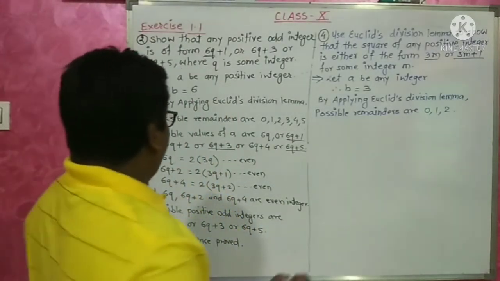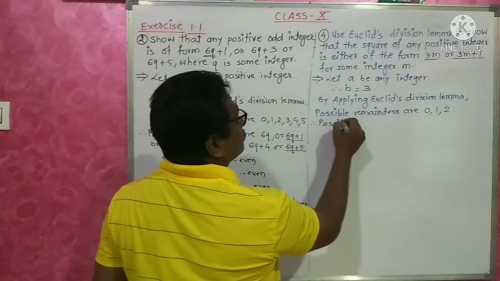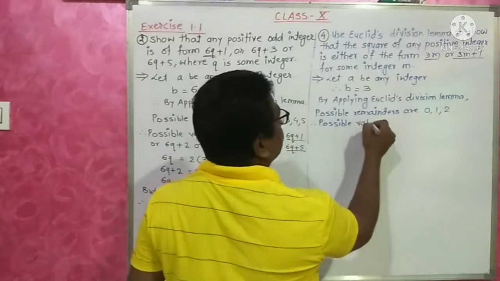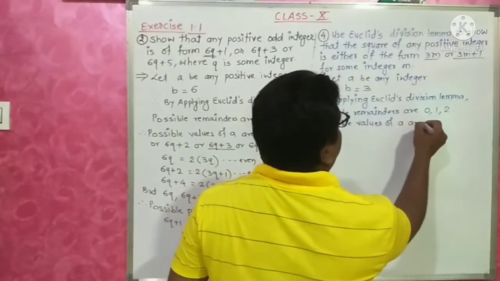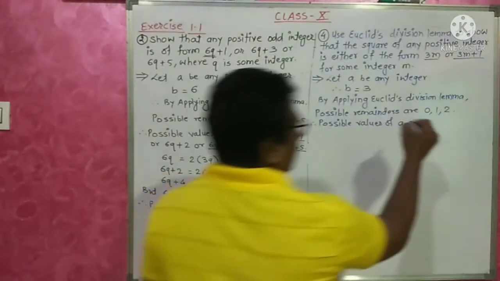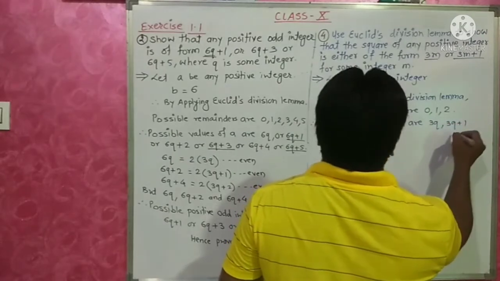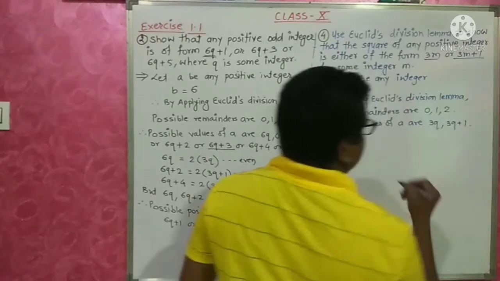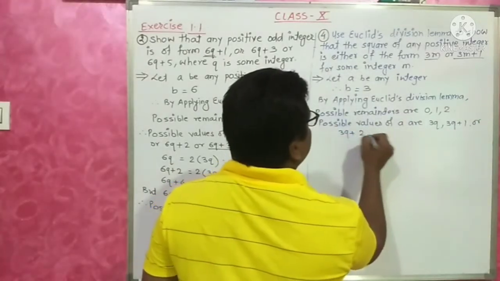So now therefore the possible values of a are, what will we get? 3q, 3q plus 1 or 3q plus 2.